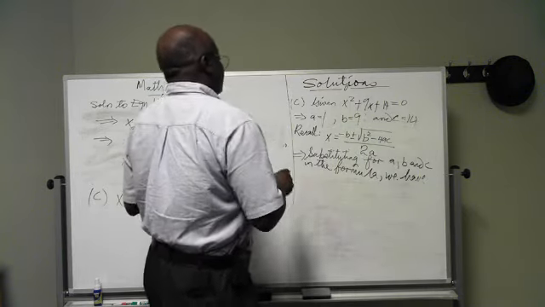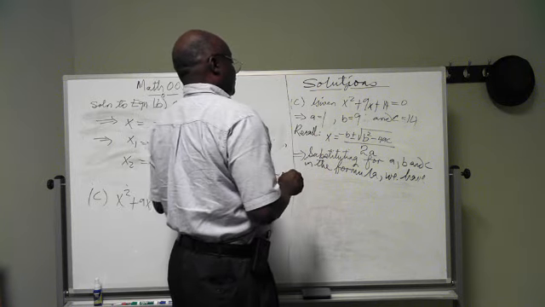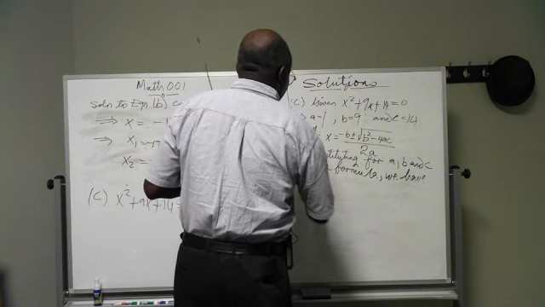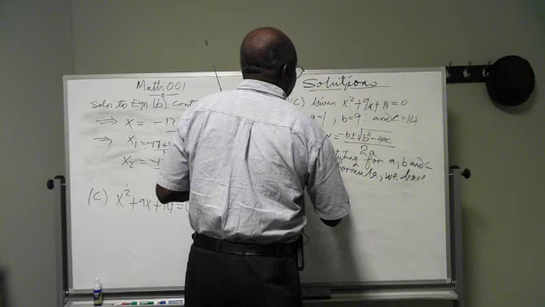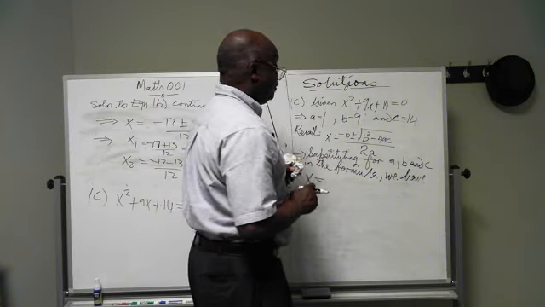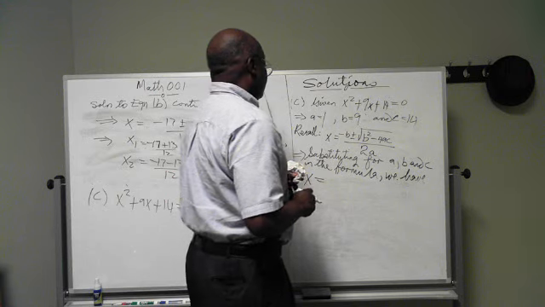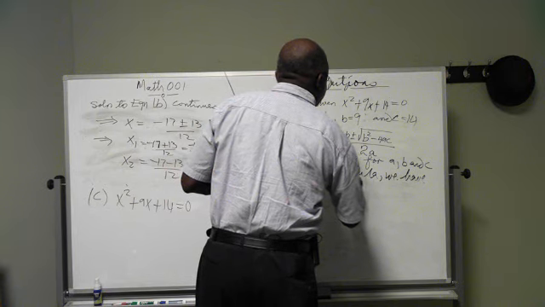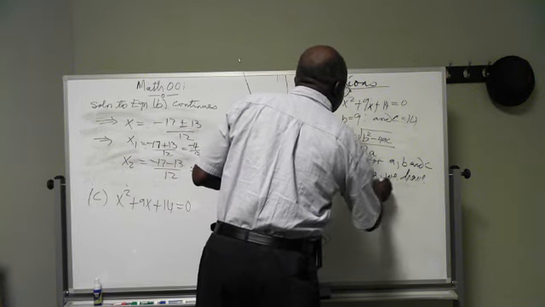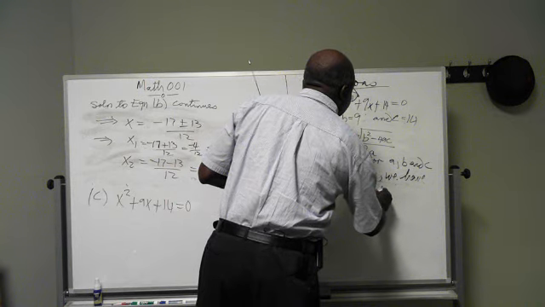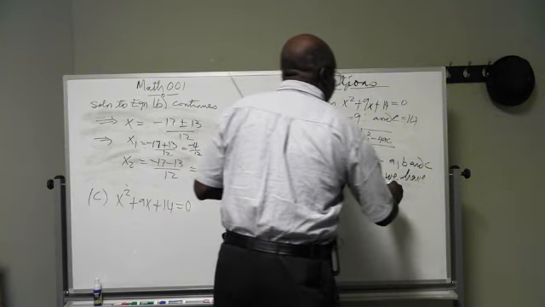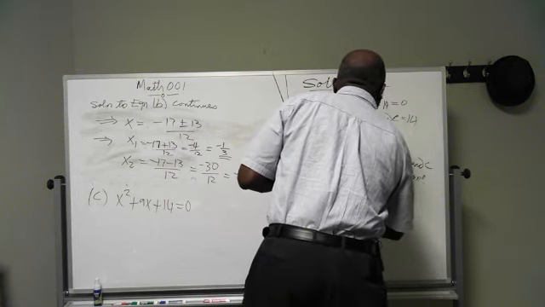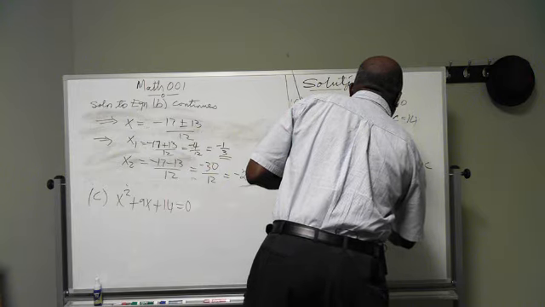Substituting in the quadratic formula, which we already recalled, we have x equals minus 9 plus or minus the square root of 9 squared minus 4 into 1 into 14, all over 2 into 1.